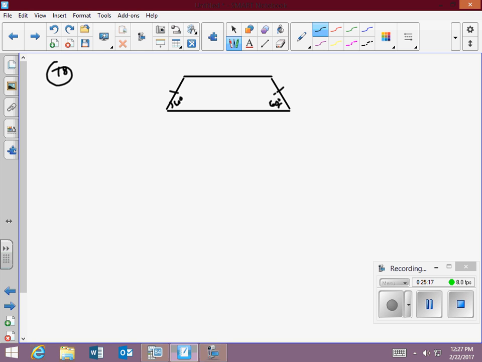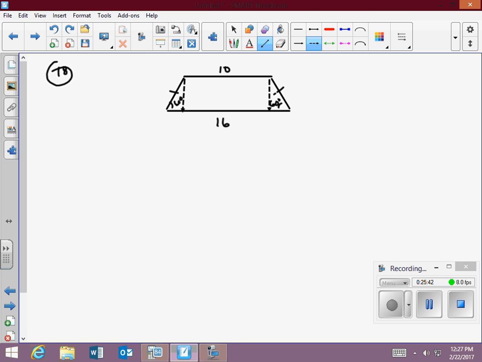I guess I should make those things bigger. This is 10 and this is 16. We have these heights, and we want to find the area, so we've got to find the height.